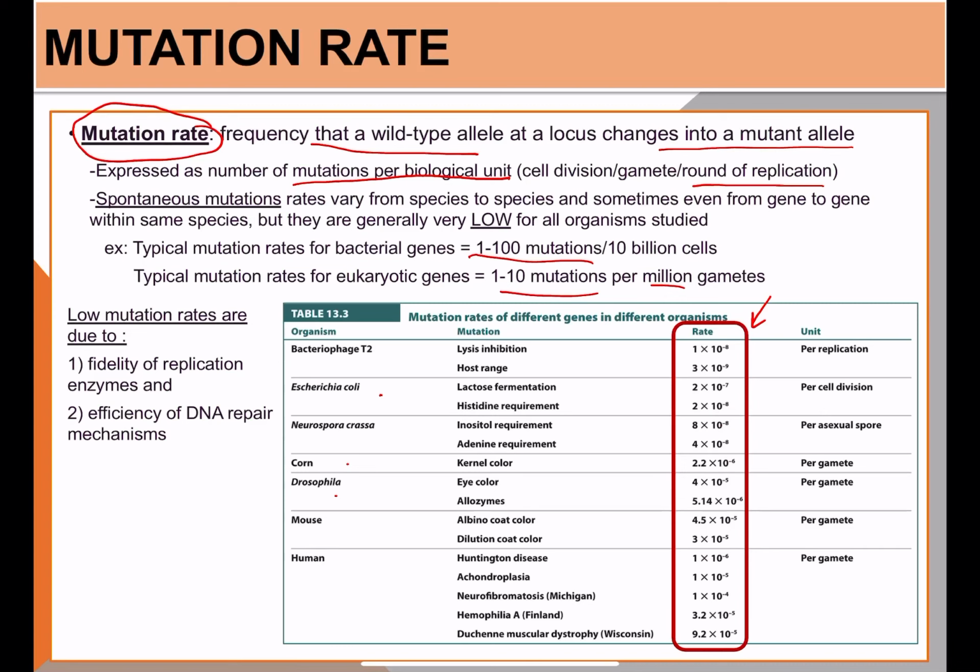So that proofreading function is going to stop the mutation rate from being high. Second thing is that there exist DNA repair mechanisms. So these are talking about how efficient our DNA repair mechanism is. Because of these two things, this is why mutation rates spontaneously tend to be very low.